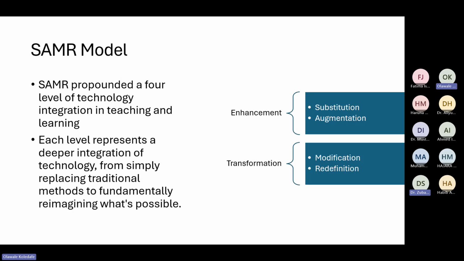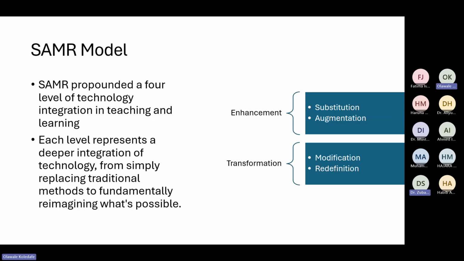And each level represents a deeper integration of technology, from simply replacing the traditional method to fundamentally reimagining what is possible. Okay, so from simply replacing to fundamentally, critically or creatively thinking of what is possible.